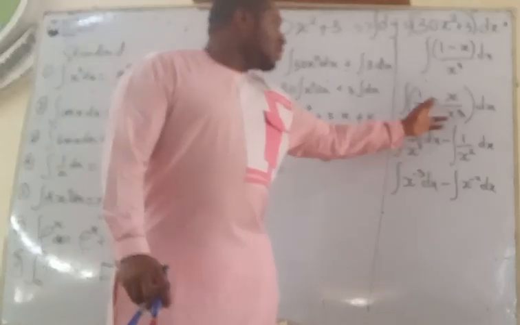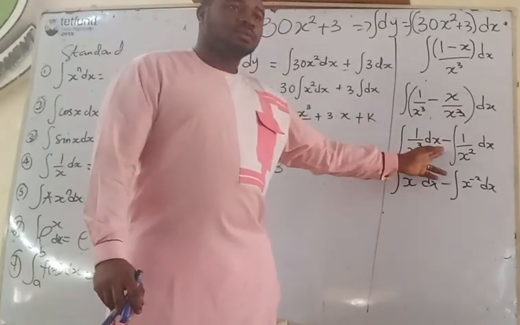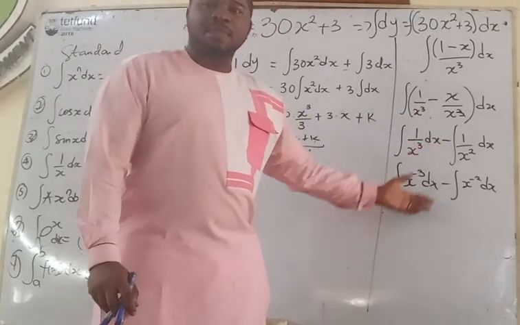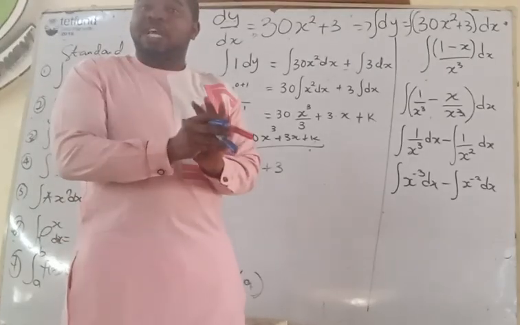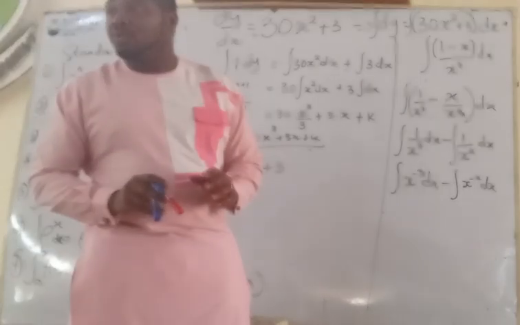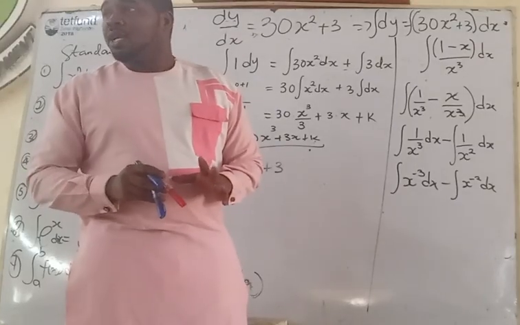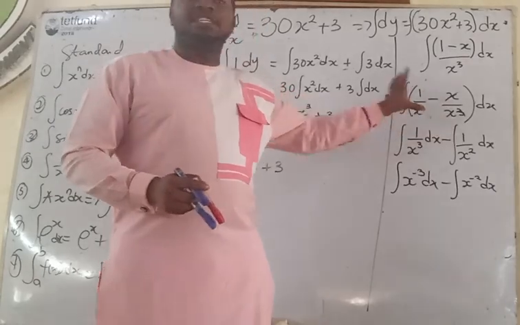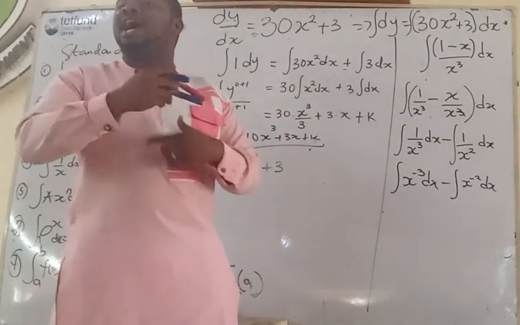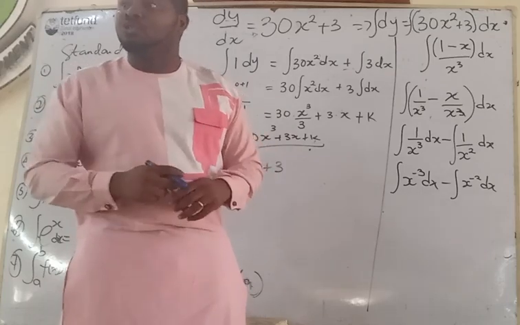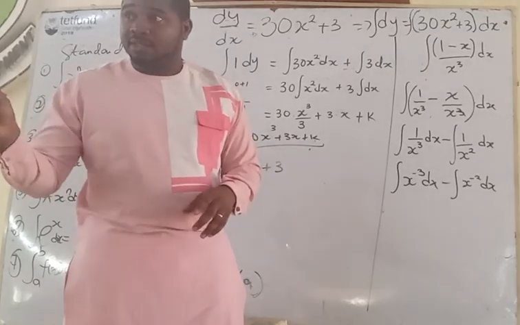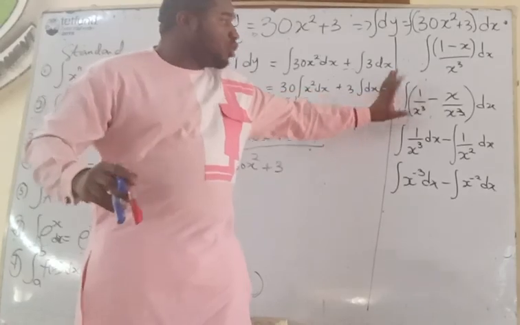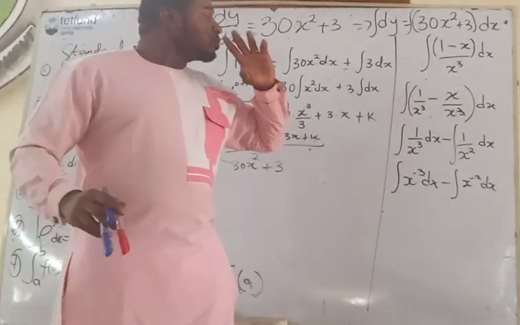What is separating them is just minus. If it is multiplication, you cannot separate them. Please, do you understand me? Even if this thing is multiplication, you can't separate the integral. We'll now find another type of integration to use. Now, I have split them into two because it's minus.